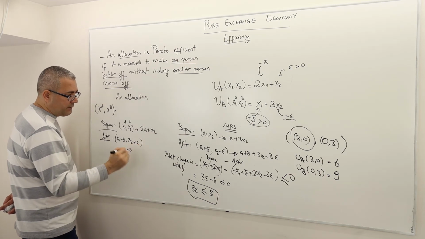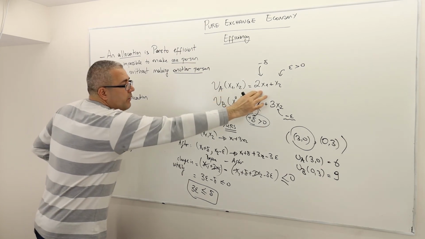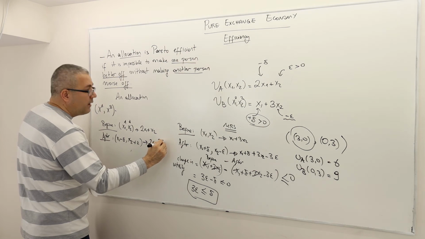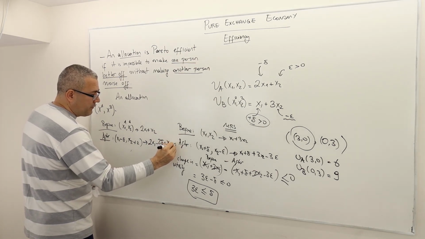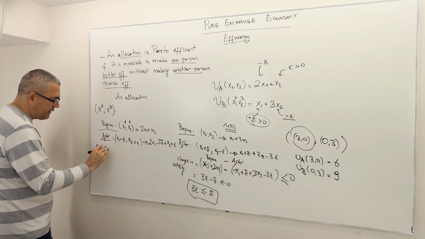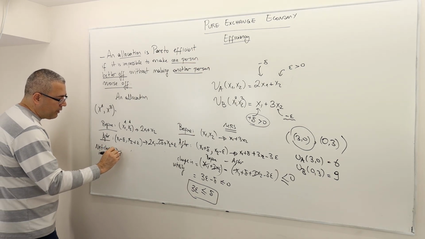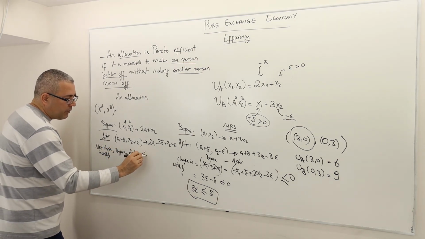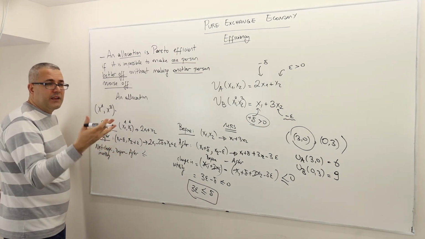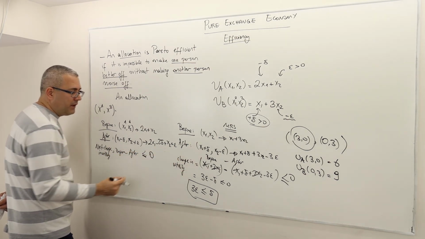And her utility in this case, let me write it here, is 2x1 plus x2, which means 2x1 minus 2 delta plus x2 plus epsilon. All right? So if you look at the net change in utility, again, before minus after, if we want there to be an improvement after the exchange, it has to be less than or equal to 0, same as in this case.